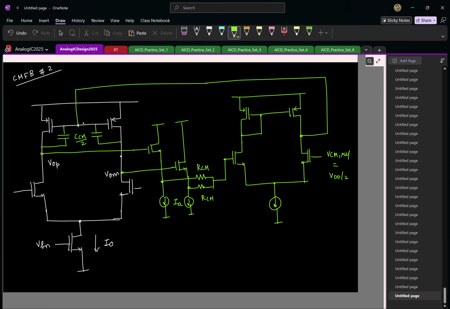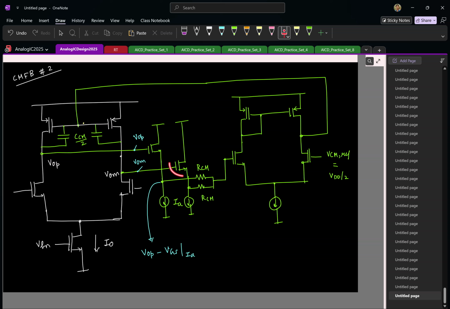Let me call the currents here IA. So now tell me, if I have the total voltage at the input of this buffer as VOP, and similarly the total voltage at the input of this buffer as VOM. So the input here is VOP, that is given to the gate of the transistor. What can you say about the voltage here? It's going to be VOP minus VGS of the transistor at current IA.